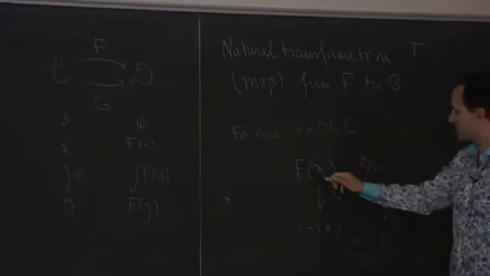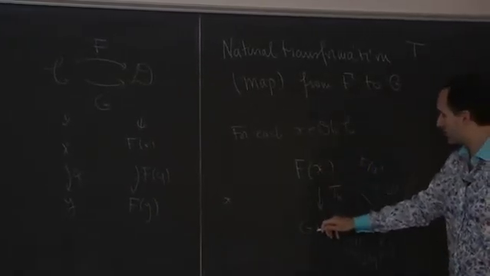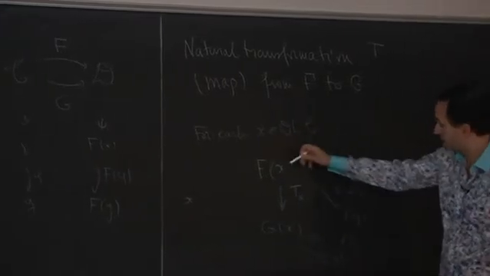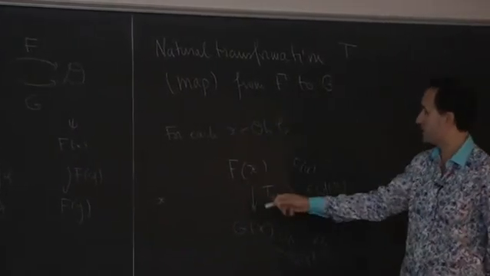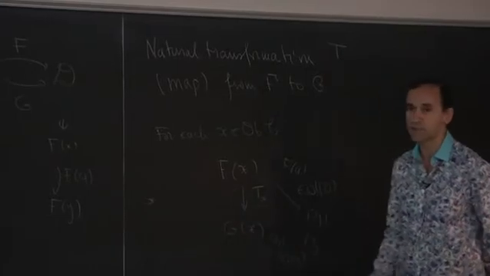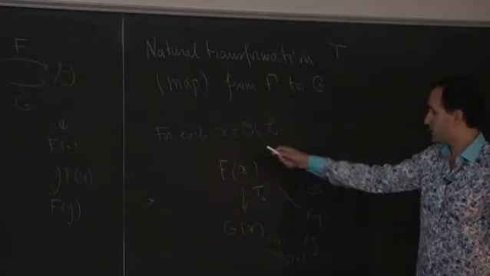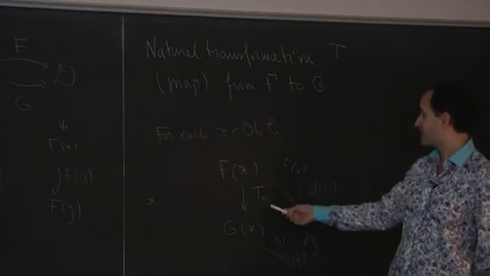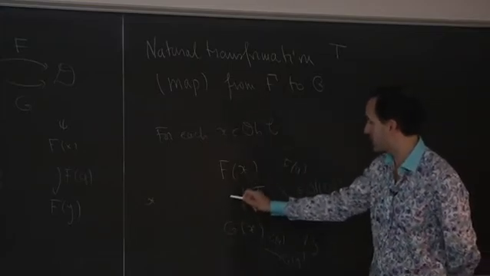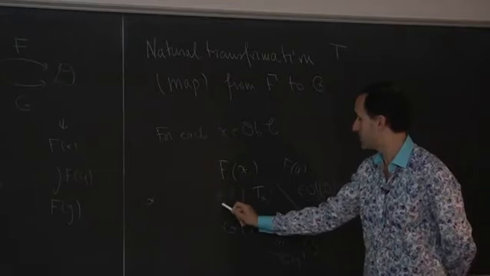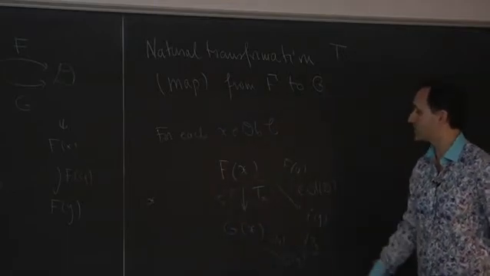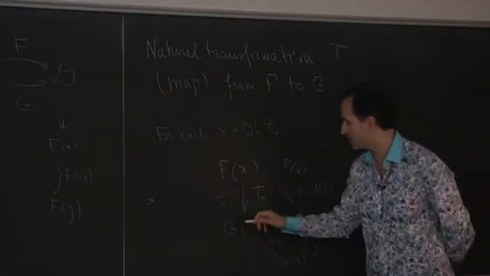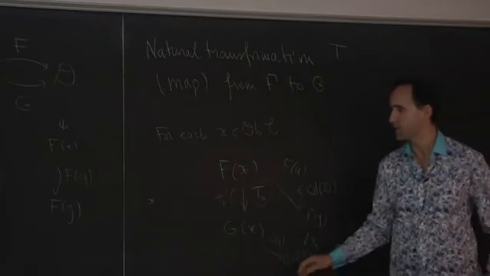So there is a notion of a map between two functors which is not an equality, because you have a morphism in the target category from F of x to G of x. And now an isomorphism is such a datum where each T_x is invertible. If this is invertible, then the inverse is also a natural transformation. At that point you say that you have specified a natural isomorphism.